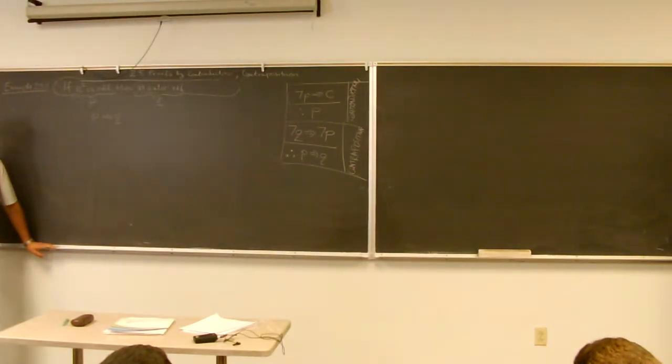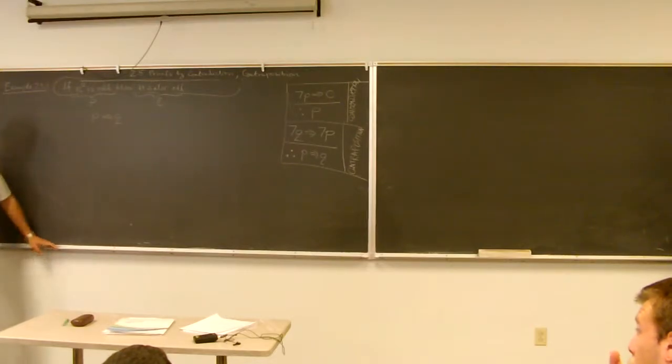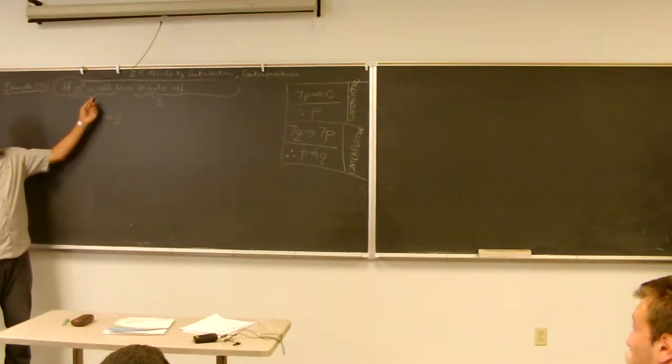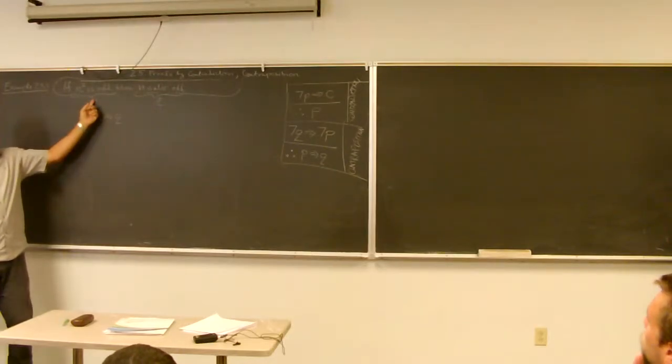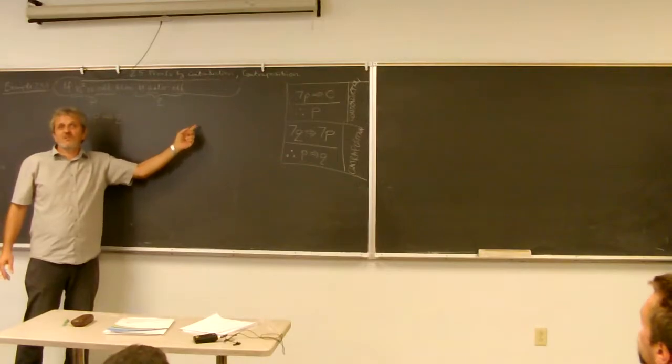But why is it that I don't like this implication the way it is? Why would I rather, yes? Because P is n squared is odd, it makes more sense if we test by cases. If the Q comes first, then we can check if n is even or n is odd, and then we can square that. So the reason is, look, here I'm starting by assuming something on a complicated object, and I need to derive something for a simple object.